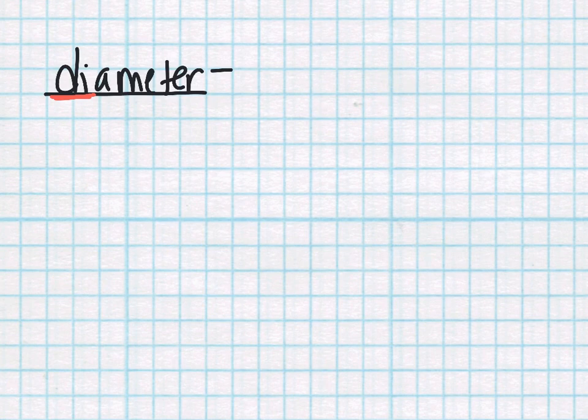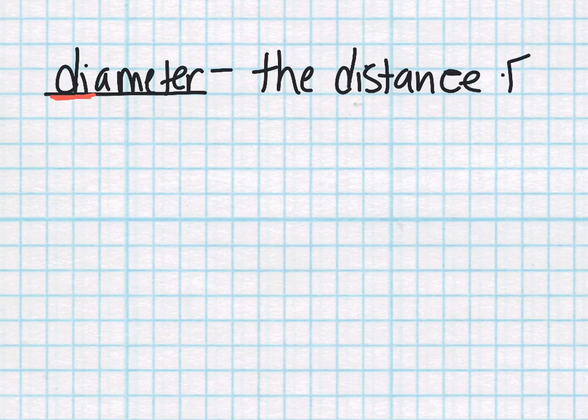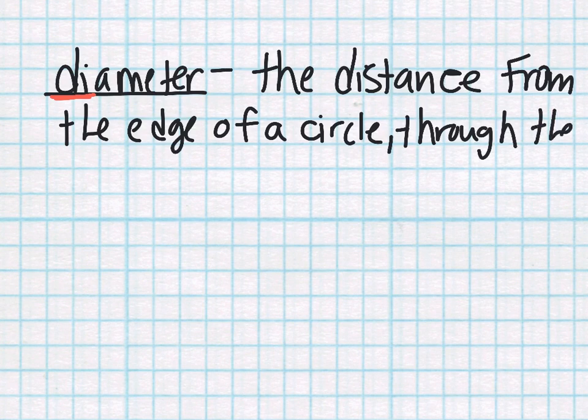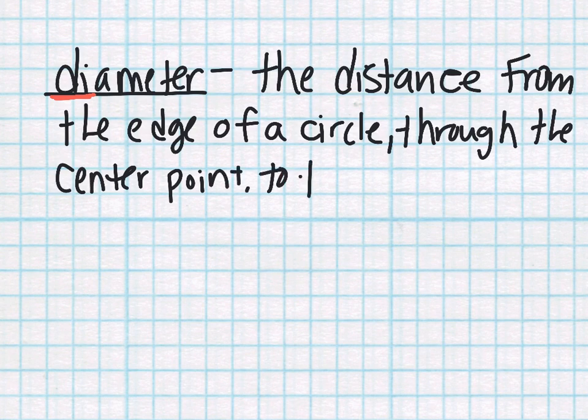So diameter, when we talk about in terms of distance, diameter is the distance from the edge of a circle through the center point to the other edge, or to the edge on the other side.